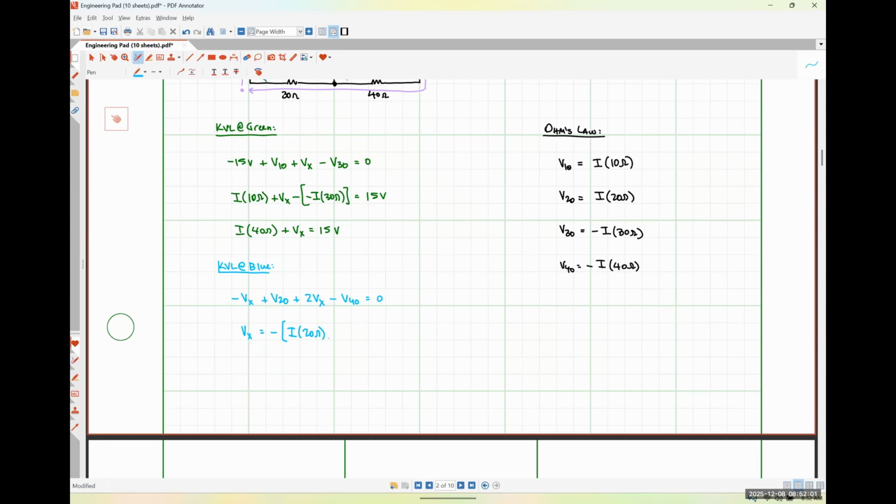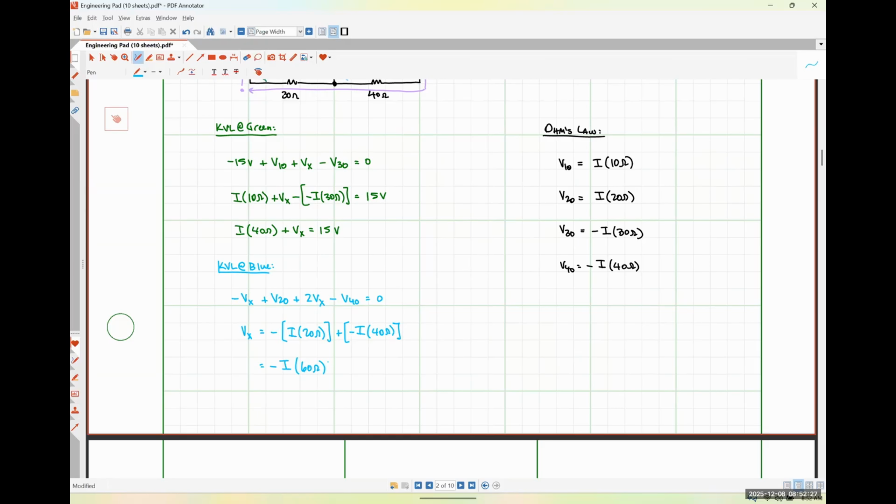And then I'm going to have plus V40, so that's going to be plus negative I times 40 ohms. There's a common factor of negative I. 20 plus 40 is 60 ohms. And so now I can see that Vx is equal to negative I times 60 ohms.